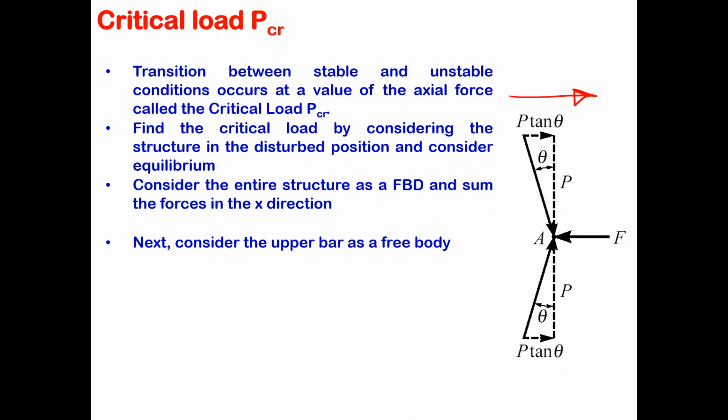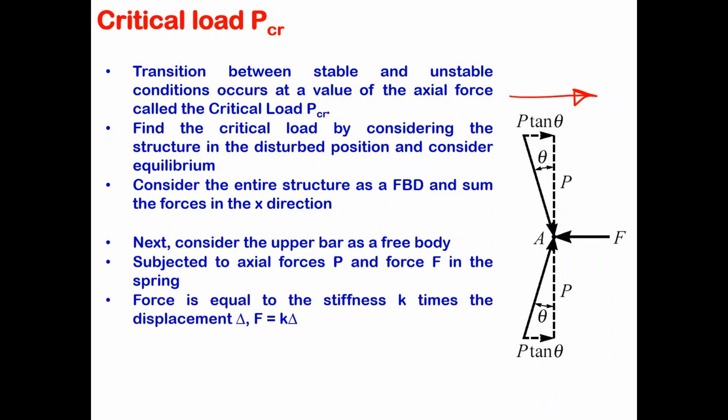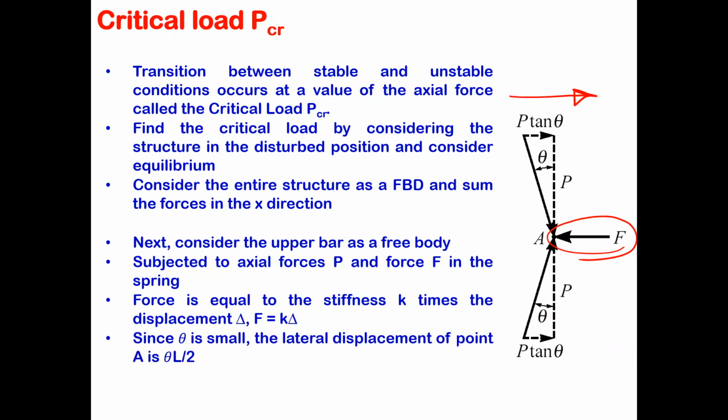And then, as we are still in the two rigid bar system connected by a pin, consider the upper bar as a free body subjected to an axial force P and a force F in the spring. The force in the spring is going to be equal to the stiffness of the spring times the buckling displacement, delta. Okay, we can say F is equal to K multiplied by delta.